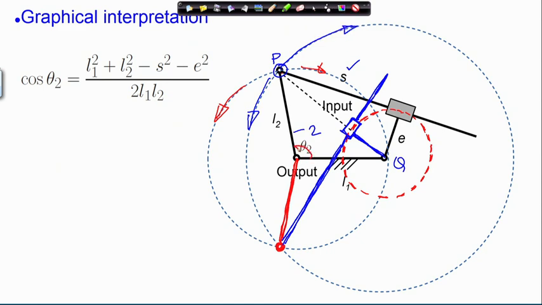This is one value, suppose theta star, and the other value is this, which is minus theta star, as we have discussed. These are the two solutions of theta 2, and correspondingly you can find out the configuration of the mechanism. So, here we have looked at these two configurations.